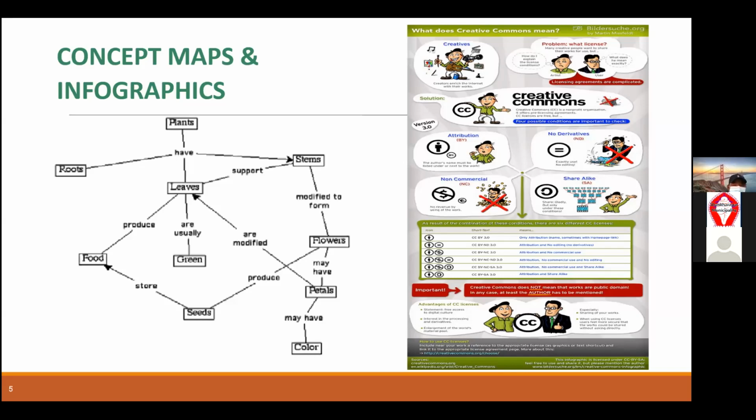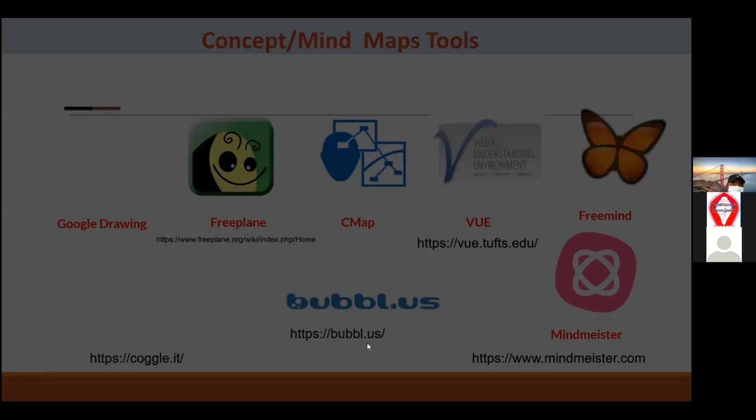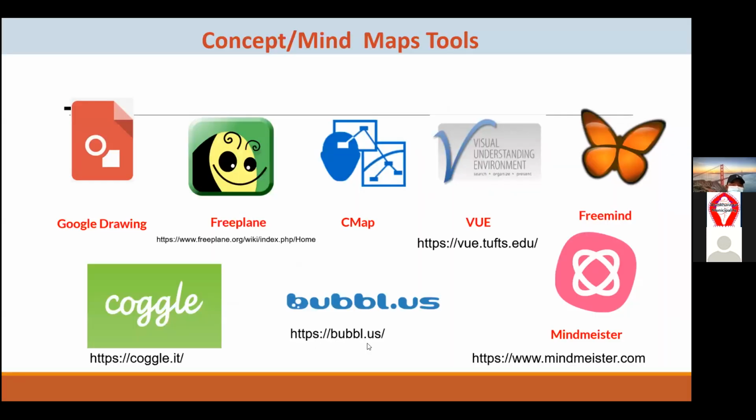First, we'll talk about concept map and mind map tools. In this slide, you can see some examples of mind maps or concept maps. These two terms are used more or less as synonyms, but they have a minute difference.